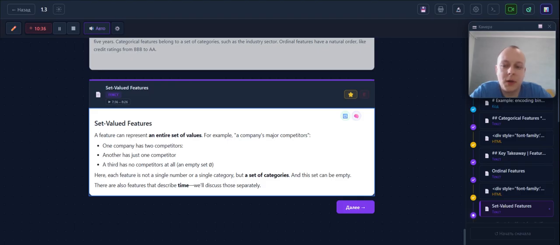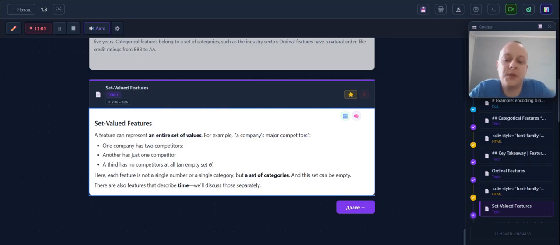Next one is set valued features. A feature can represent an entire set of values. For example, company's major competitors. It could be one company has two competitors, another has just one, third one has no competitors at all, and so on.